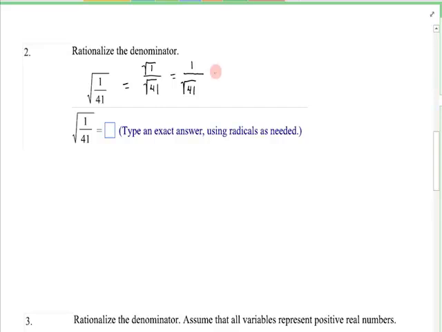So let's multiply by the square root of 41 over the square root of 41. That gives us the square root of 41 over plain old 41. Nothing I can do with it. We're done.